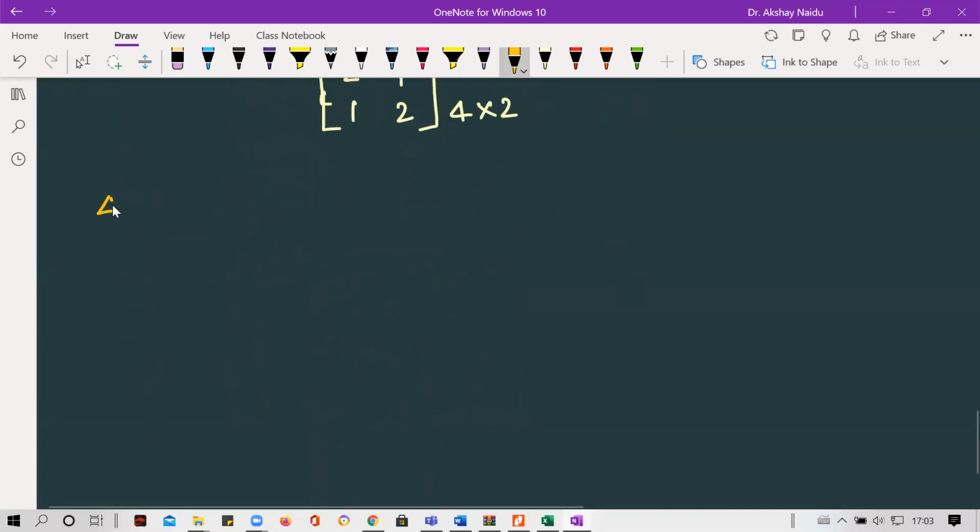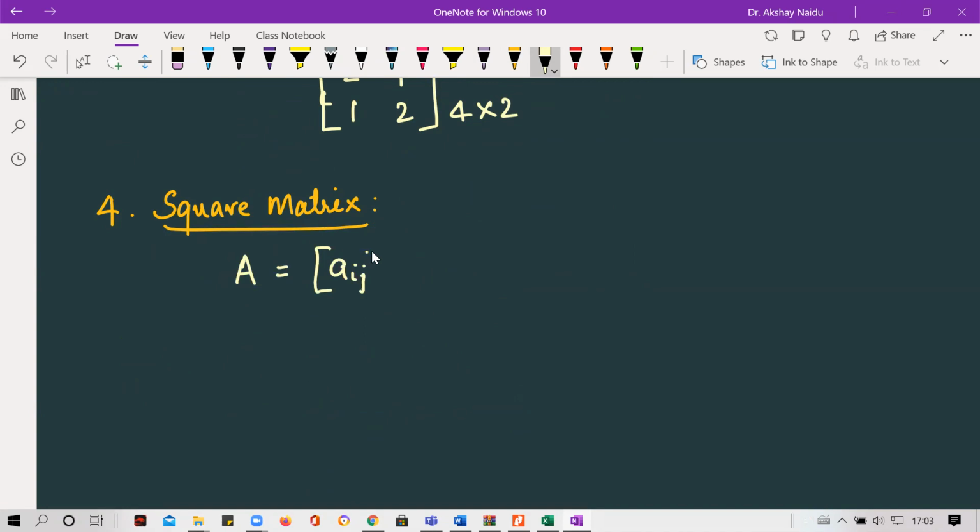The most important of all matrices is the square matrix. Our notation for a square matrix is M equal to N. The number of rows is equal to the number of columns.